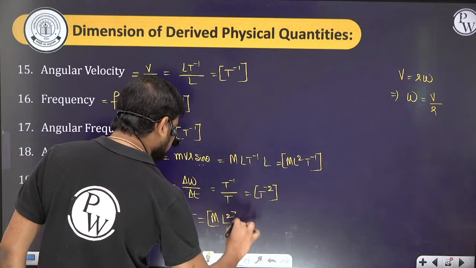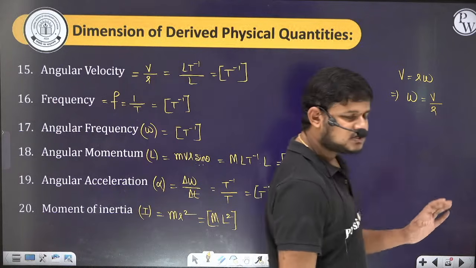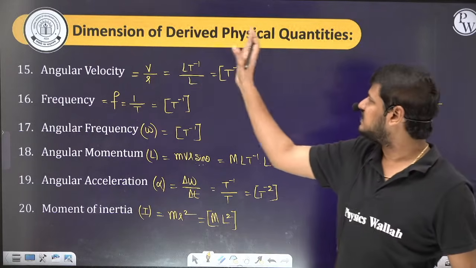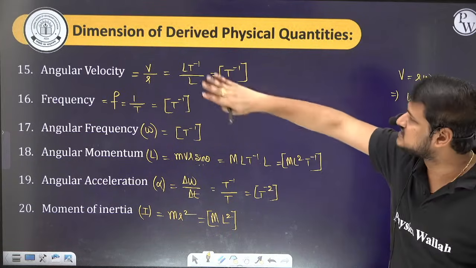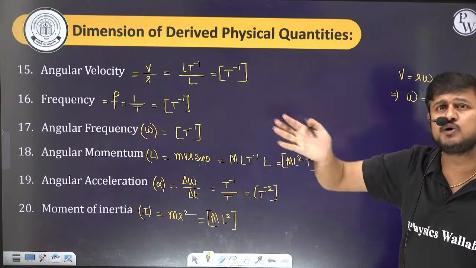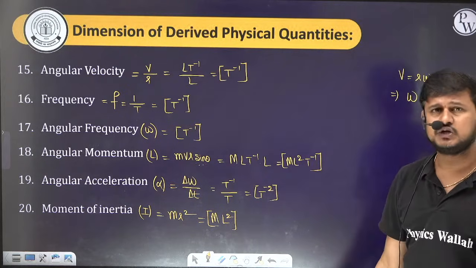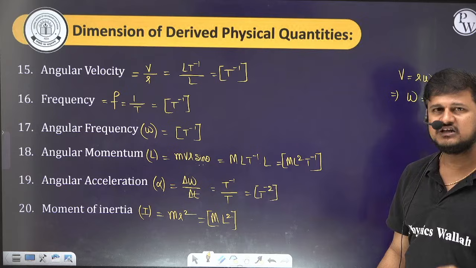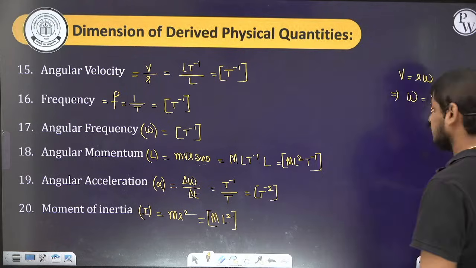So this is the dimensional formula, m L square, right? So the third slide of the dimensions of derived physical quantities is clear. So 20 we have derived till now. In these 20, almost 15 you already know these formulas. Some 4 or 5 formulas are new, which I already told, and you should remember them. That's it. Okay, chalo, let's move further.